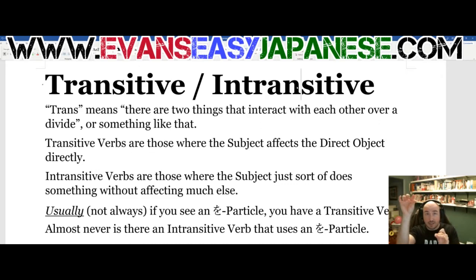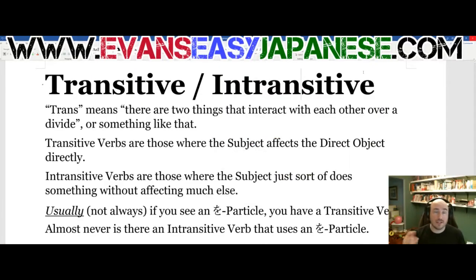So transitivity, underneath that is transitive and intransitive. People think this is the utmost important aspect of every single kind of verb grammar instruction. It's not. This is a big one. This is a huge thing that you do definitely need to know very much. But a lot of people act like that's all it is.